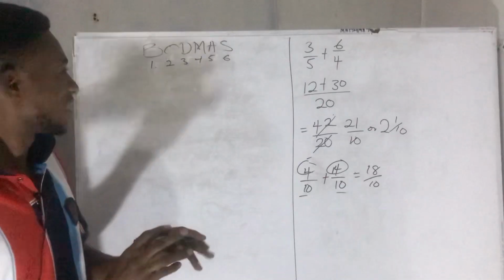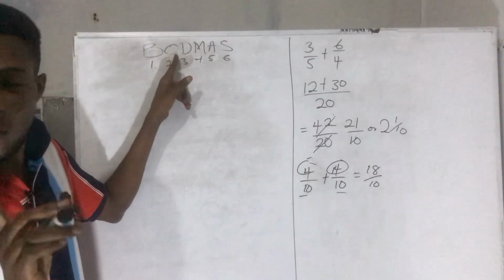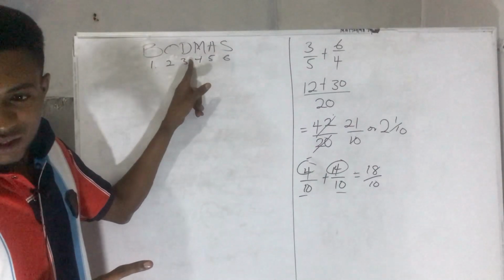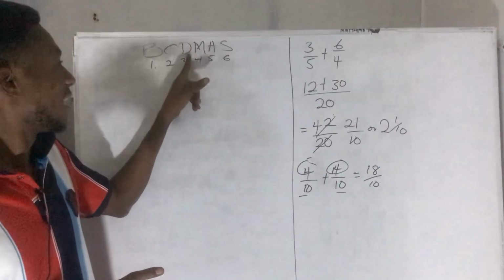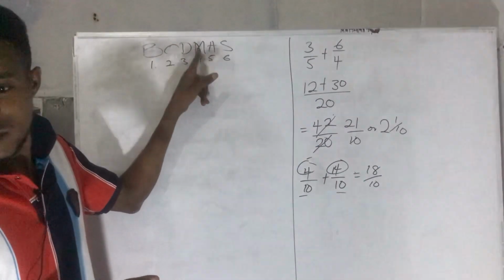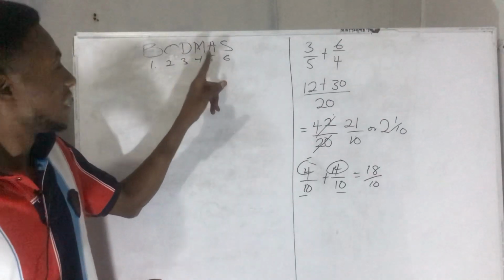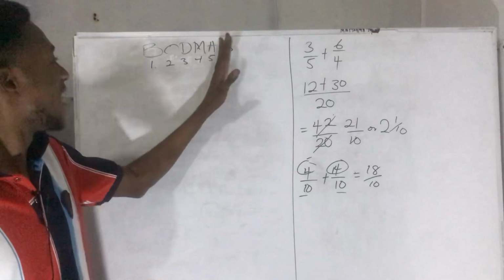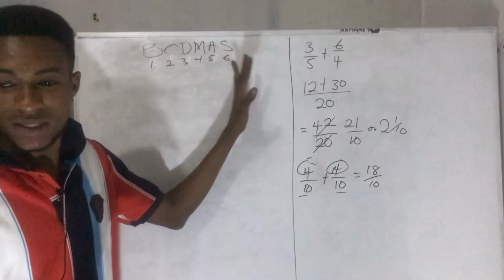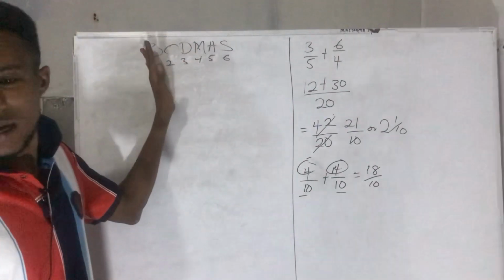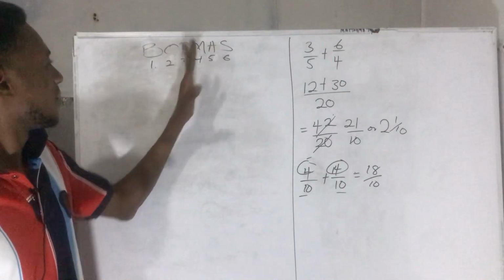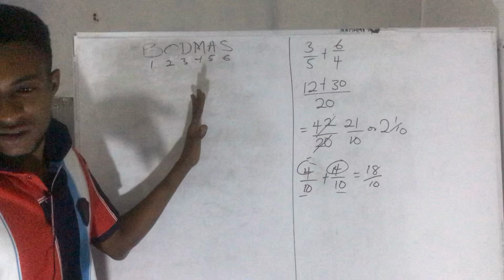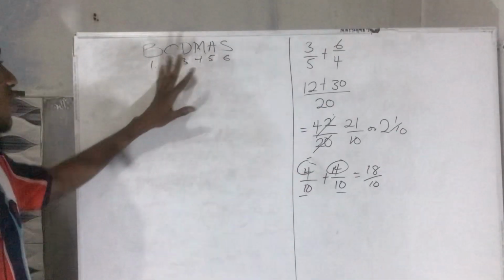If there's no bracket, look for off. If there's no off, look for division. If there's division, solve it. If there is no division and there's only multiplication in it, make sure you handle the multiplication. Then you move to addition. If there's no subtraction, leave it like that. Don't go and set your own questions by bringing brackets, bringing off, bringing subtraction, whilst it is not in the question. Do you understand? Always remember that. So this is BODMAS.